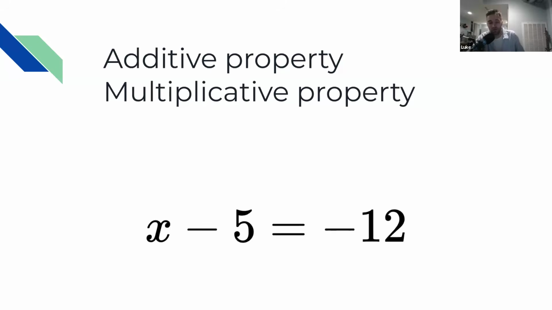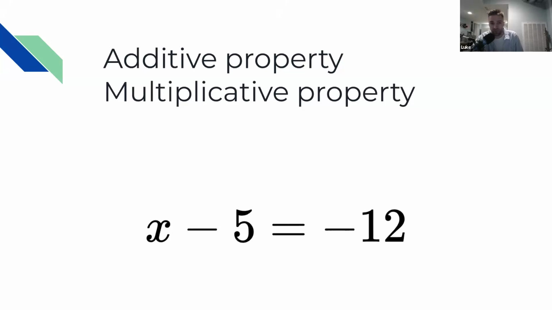To solve the equation, we need to isolate the variable x. Typically we want to isolate the variable on the left-hand side of the equation. The best way for me to isolate x here would be to add something to both sides.